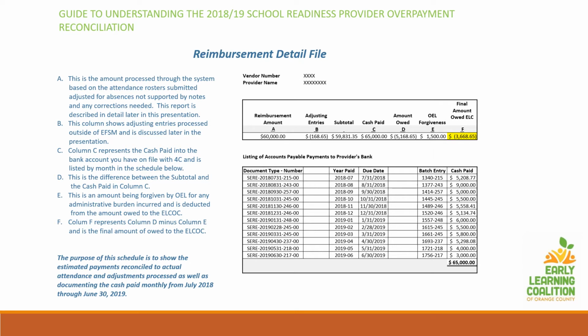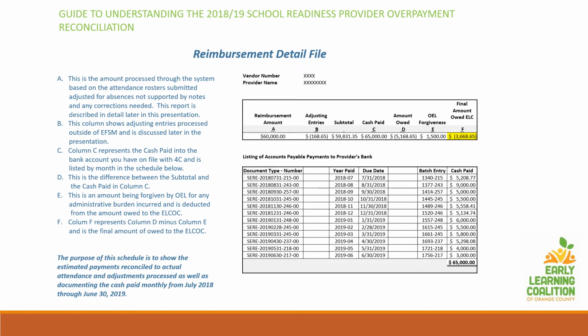Then column C shows you the cash that was paid into the bank account you have on file with 4C. OEL has provided a $1,500 credit to assist you with administrative cost. And column F shows you the resulting amount owed to the ELC after all the math is computed. We'll talk about the adjusting entries column shortly.